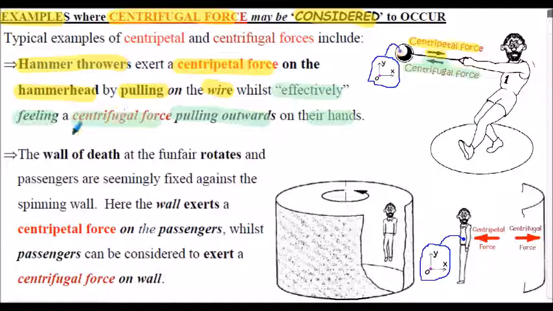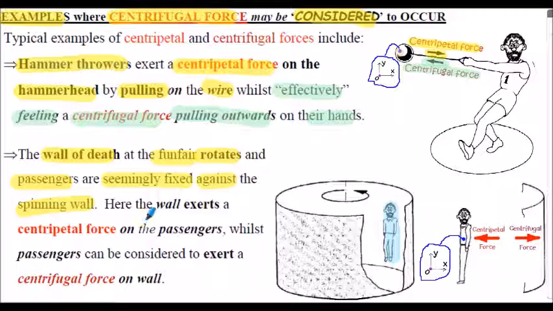Another example is the wall of death, found at a fun fair, which rotates and the passengers are seemingly fixed against the spinning wall, as shown here in the diagram.